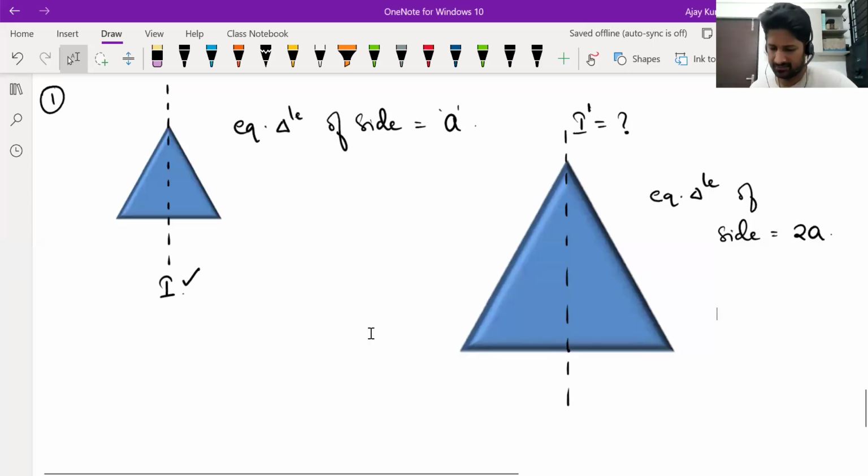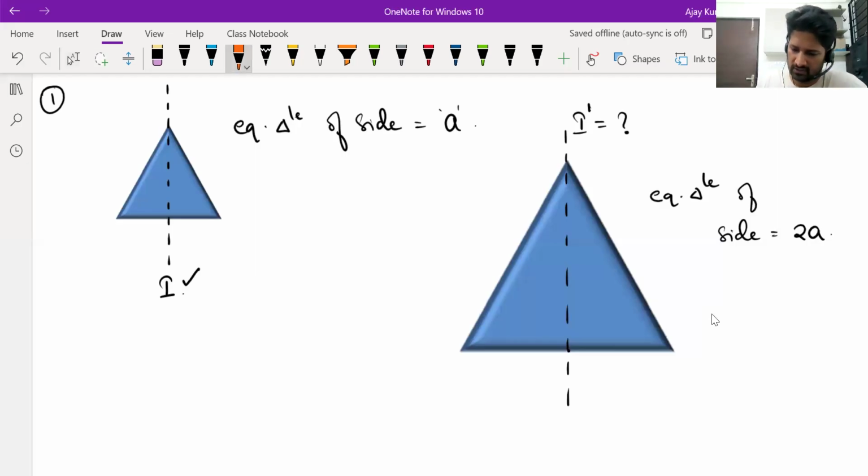Okay, let's discuss. Pawan, tell me, what are the differences between the two triangles? The side length. Okay, length is doubled. So you can say that we are doubling the distance of every particle from the given axis.